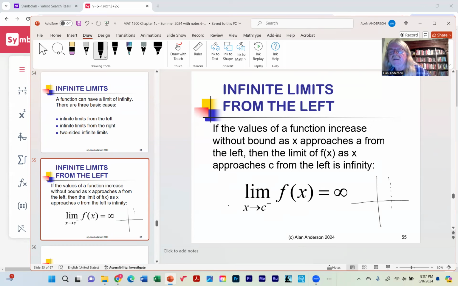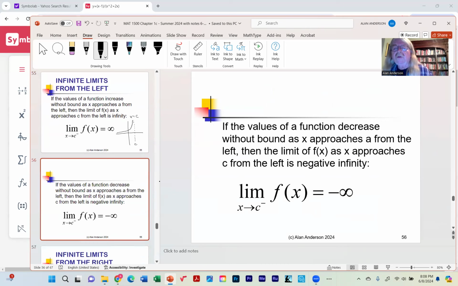Here's your C, and so this x equals C is an asymptote. The function is getting closer and closer to infinity without ever actually reaching it. If we're coming from the left, but it's negative, that would be this case.